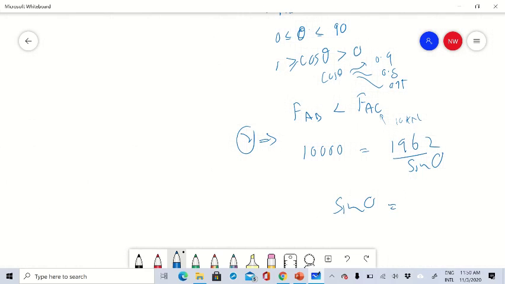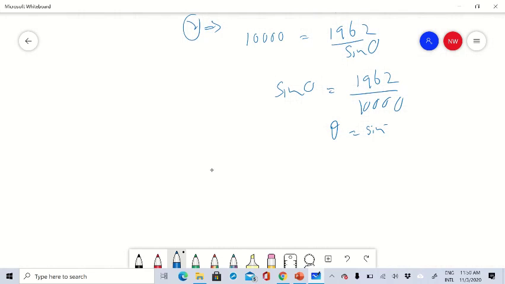Sine theta is equal to 1962 divided by 10,000. So theta is equal to sine inverse 0.1962, which is equal to 11.3 degrees, right? So this is the smallest angle that this system can take before breaking the system, right?